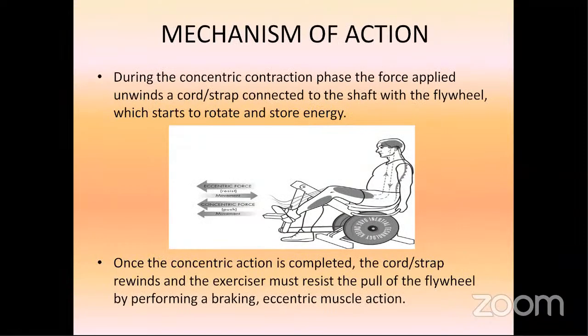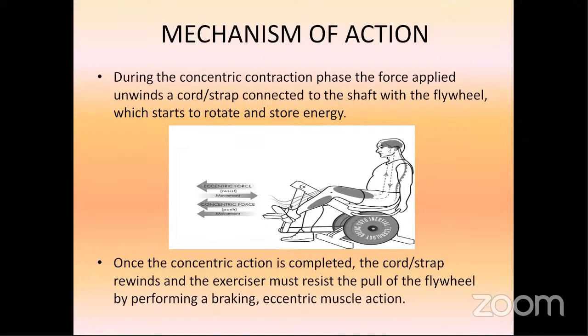The main mechanism of action is that during the concentric contraction phase, the force applied unwinds the cord or strap connected to the shaft with the flywheel, which starts to rotate and store energy. When the concentric action is completed, the cord or strap rewinds and the exerciser must resist the pull of the flywheel by performing a braking or eccentric muscle action.